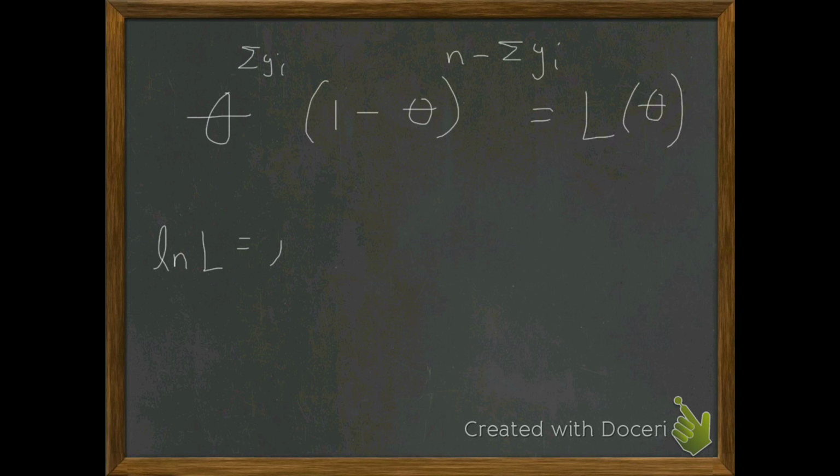So I'm going to take the natural log of theta to the power sum of y sub i's times 1 minus theta to the power n minus sum of y sub i's. So I'm going to take the natural log of this.